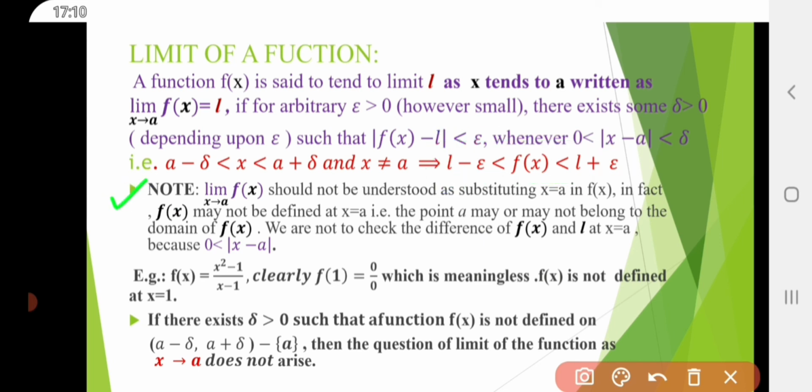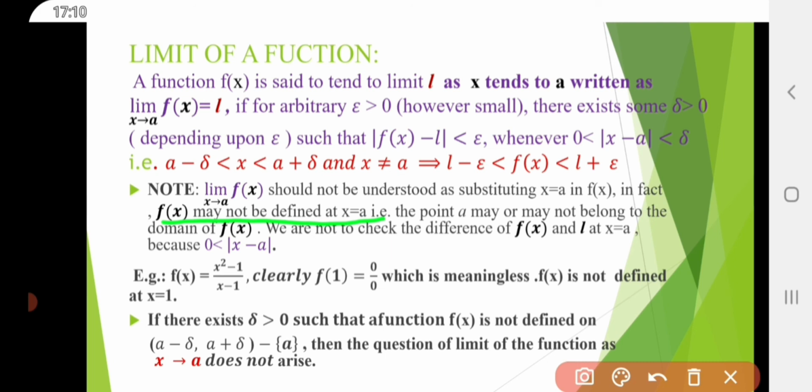Note: limit x tends to a, f of x should not be understood as substituting x equal to a in f of x. In fact, f of x may not be defined at x equal to a.